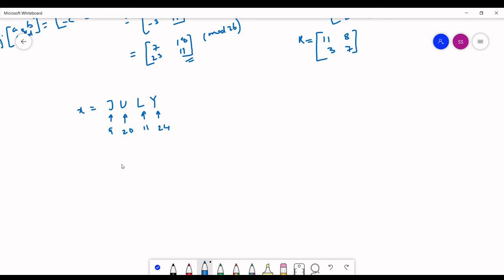Since my K is 2 by 2, I have to take plain text of 1 by 2. I have already explained that at the start of this video. So I will break this into x1, where x1 is equal to 9 and 20.